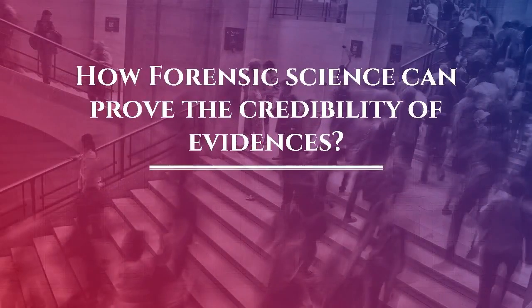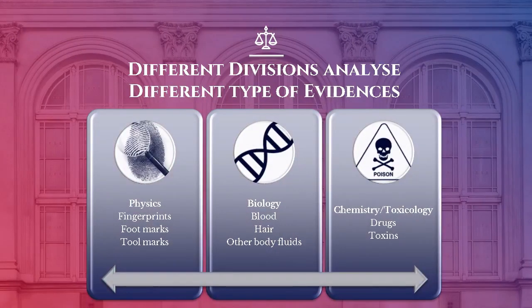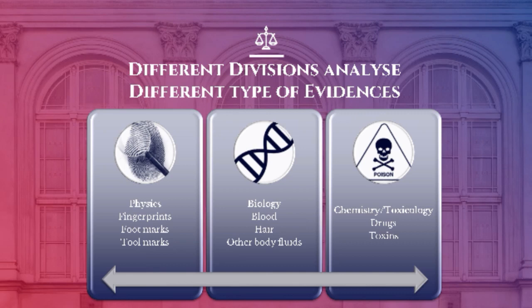How can forensic science play a role in proving the credibility of evidences? Physical evidences such as fingerprints, footmarks, tool marks, biological evidences such as blood, hair, body fluids, and drugs or toxins are all tested under different divisions of a forensic science laboratory.